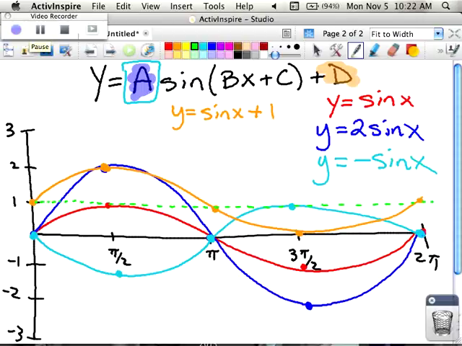In this next one, I have the following. Y equals the sine of 2x. Watch carefully.